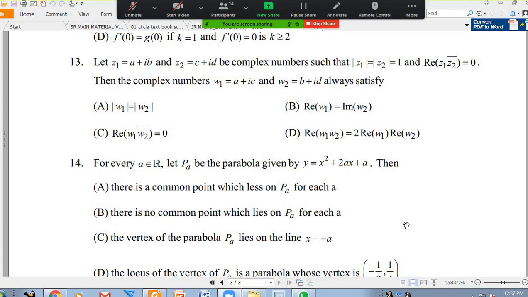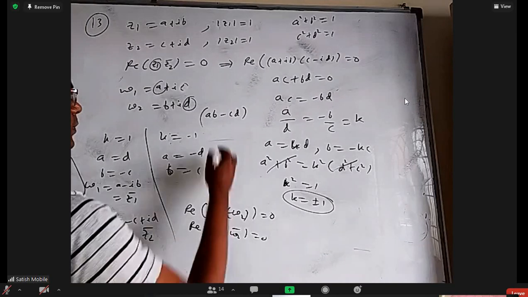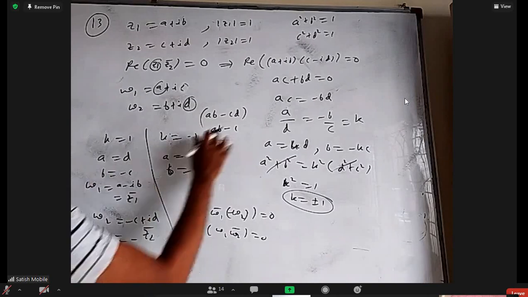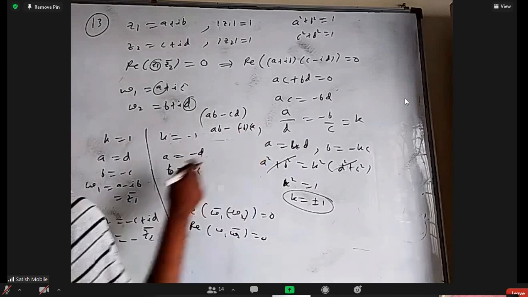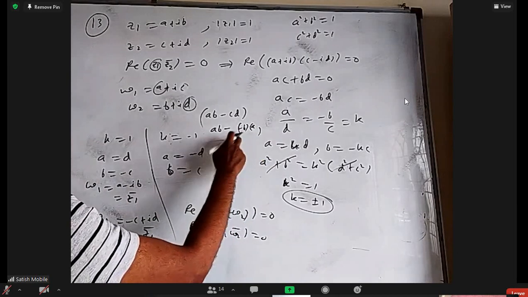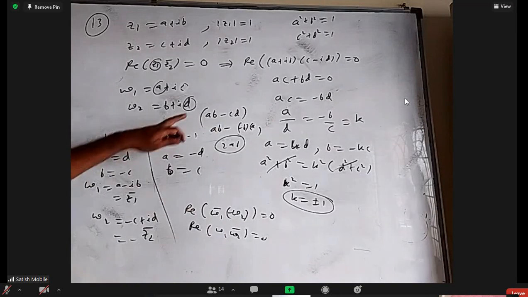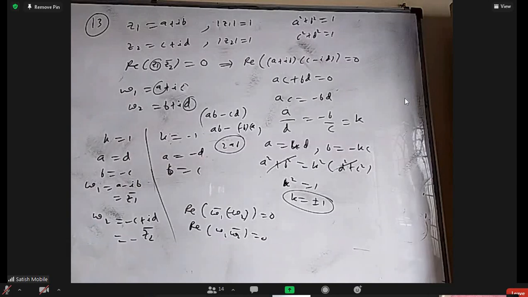Is AB minus CD the same as 2AB? Let's see. In the place of C, I can write minus B, and in the place of D, I can write A, so it comes to 2AB. Yes, the real part of W1 W2 is 2 times the real part of W1 times the real part of W2.